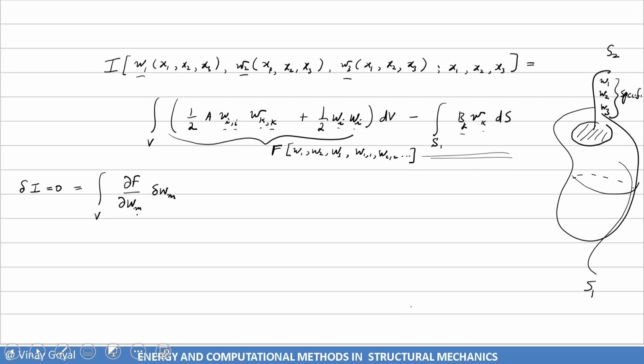Because F depends on W1, W2, W3, this is correct. This is how you take the variation. Plus the derivative of F with respect to, and what I'll do is choose two new variables that are not used before. I didn't use J anywhere, so I'll say Wj comma P was not used, del Wj comma P, and that'll be it.